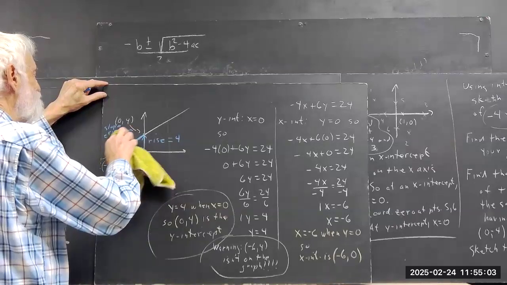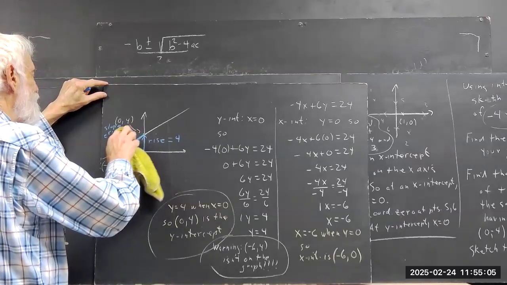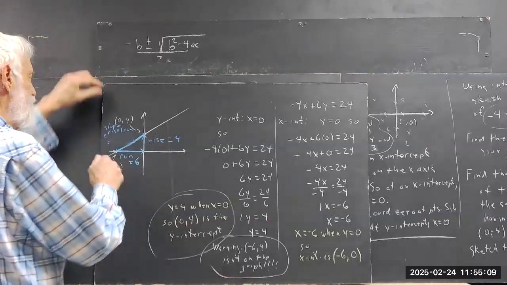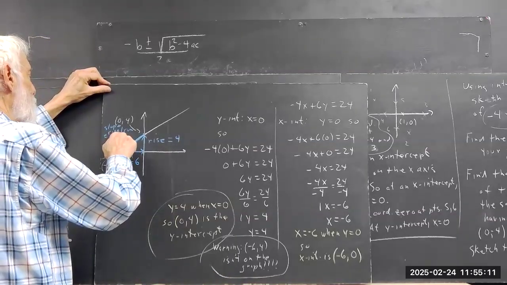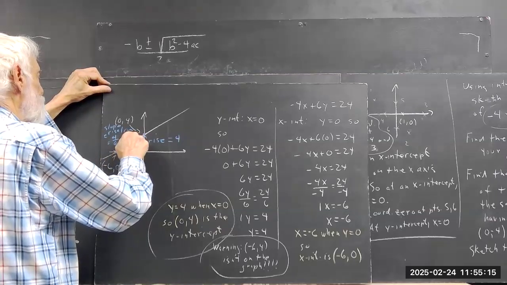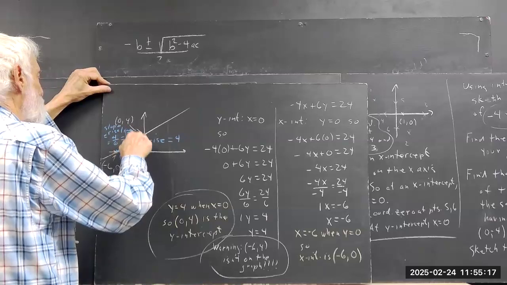My sinuses. And I'd like to blame everything on my sinuses, but nah. Now, the rise is 4 and the run is 6, and that reduces to 2/3.